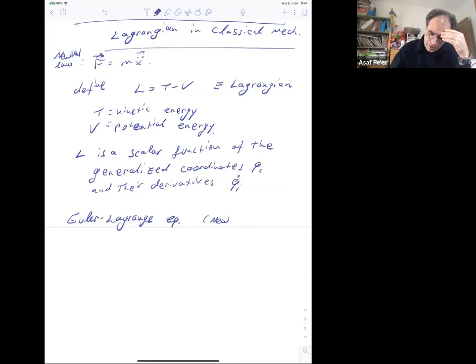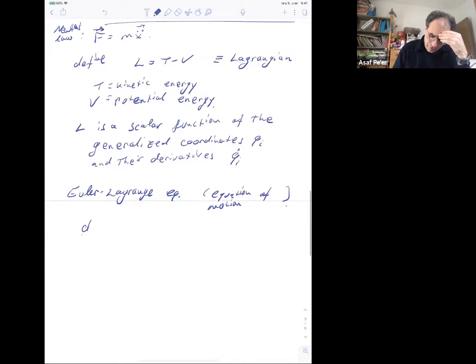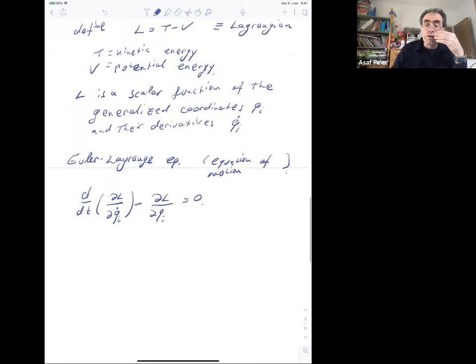Or simply, the equation of motion: d over dt of the partial derivative of L with respect to q_i dot, minus dL over dq_i, no dot, is equal to 0.